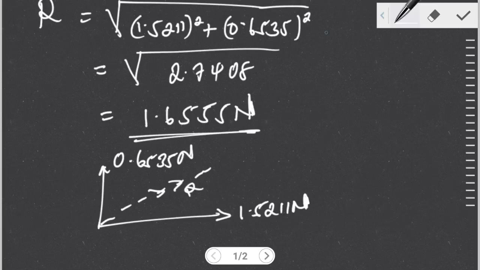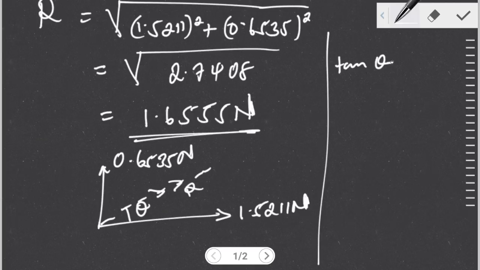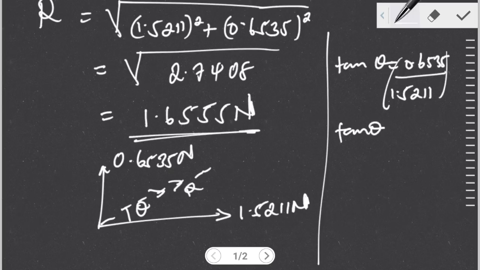To get the angle, I'll say tan of theta, the angle in between this and this, would be equal to the y direction 0.6535 divided by 1.5211.